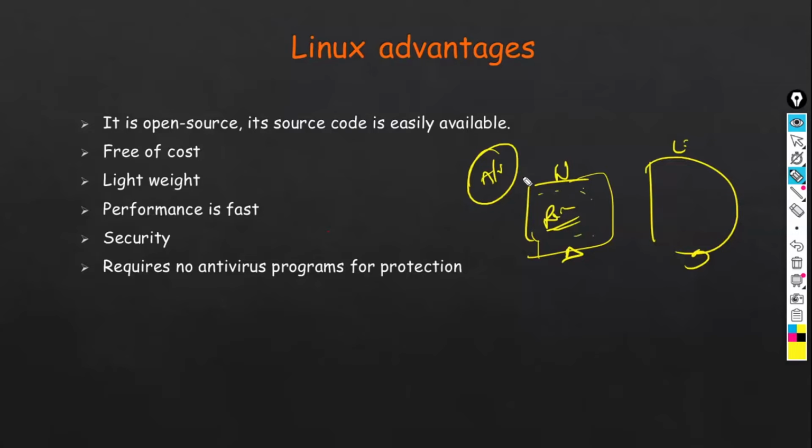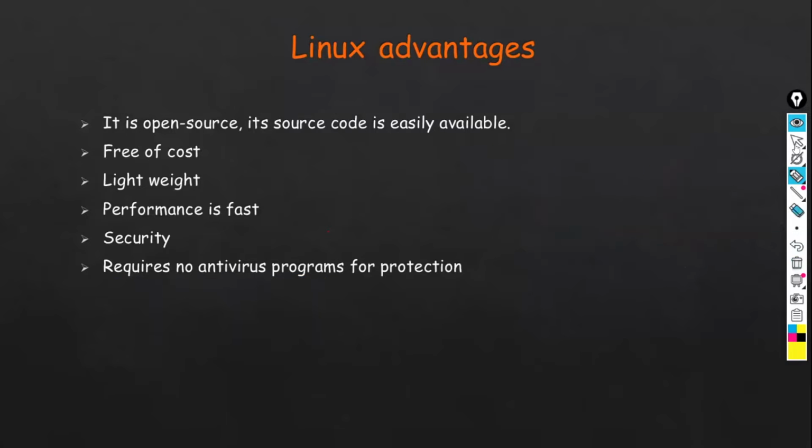So you need to install an antivirus program, otherwise uninstall your entire operating system. In Linux, it doesn't need any antivirus program. If a virus comes, you can uninstall that particular package and the virus will be gone. So these are the advantages of the Linux operating system.